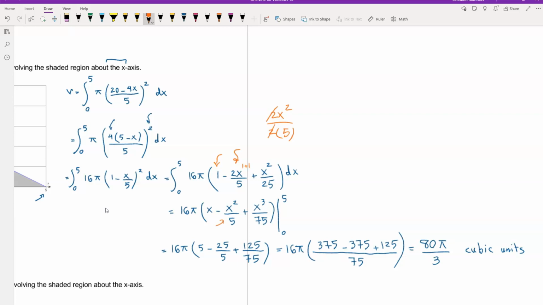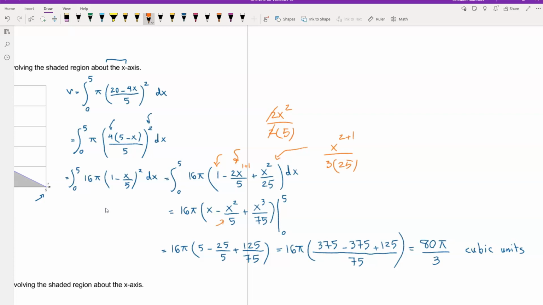And for this part, we have x squared over 25, so 2 plus 1 is 3, divided by 3 times 25, so it's x cubed divided by 75. And this is from 0 to 5.